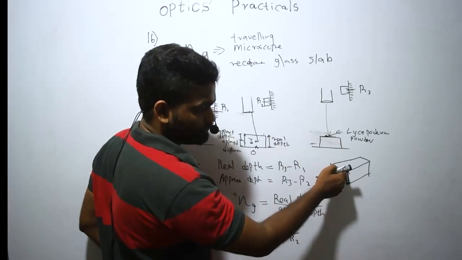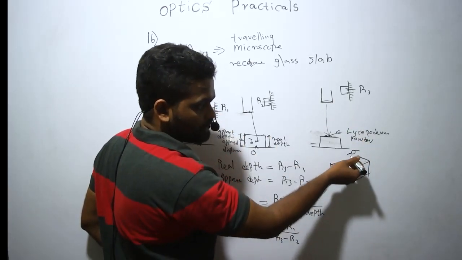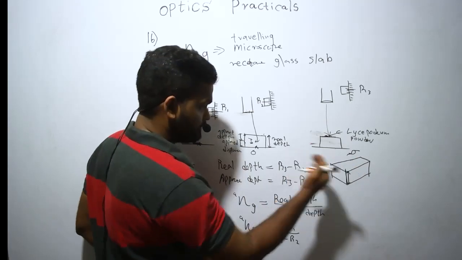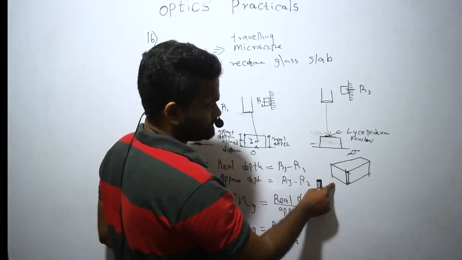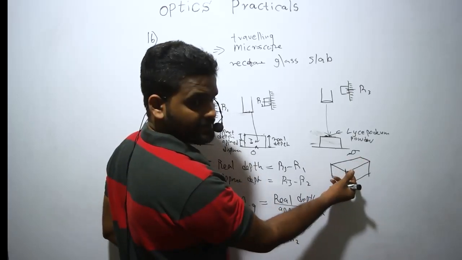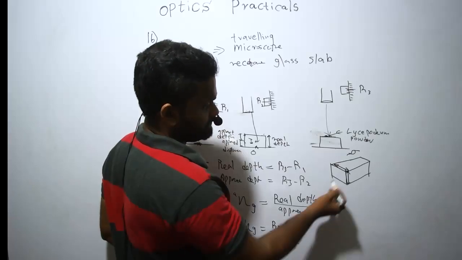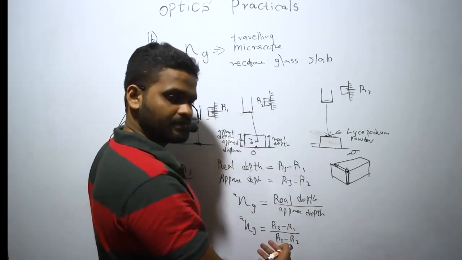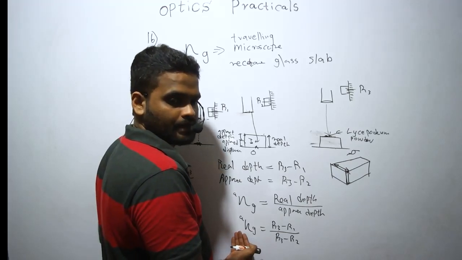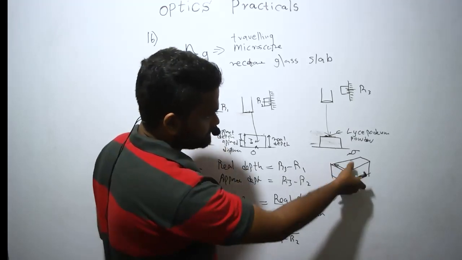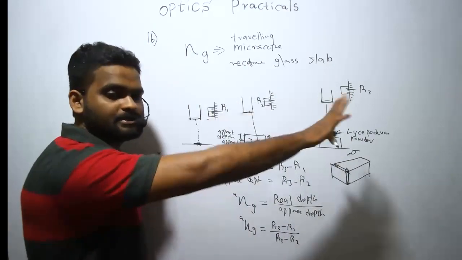So when you look from above, you can take 1 value for refractive index. Then you can flip this glass cube and do the experiment to this side. Then again do the same things and find a value for refractive index. Then you flip this like this, and again you do the same steps.